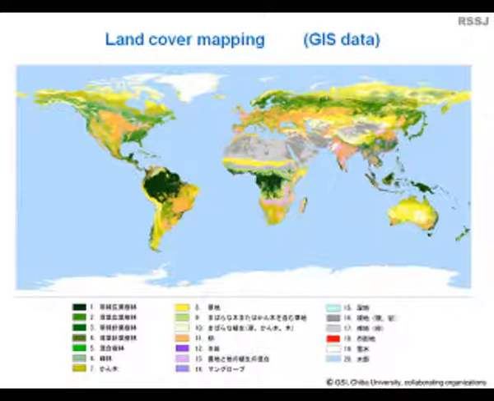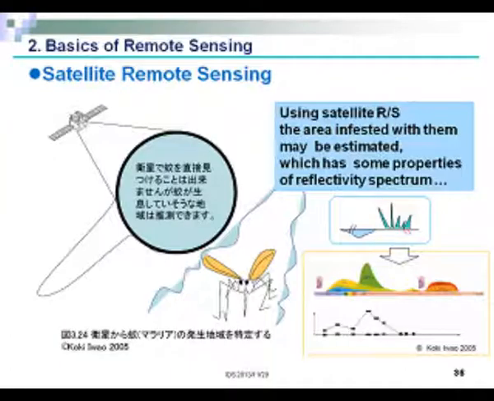We put the near IR into the red channel, so we can enhance the green vegetation area.